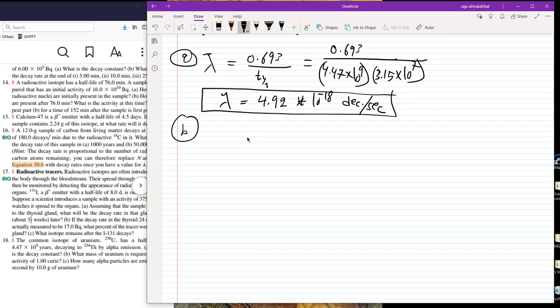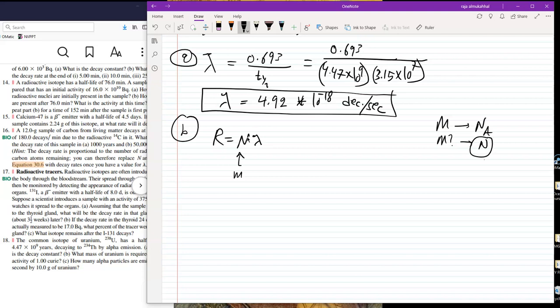So I know that the activity rate R is equal to n lambda. My goal is to find n. That's what I'm trying to say. Because if I find n, I can find the mass. How? You remember? The atomic mass is Avogadro's number. So I need to find this mass if I know n.